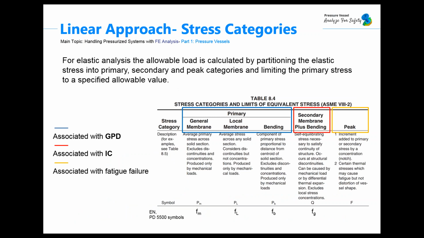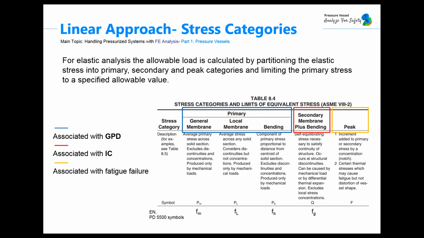When the linear elastic analysis is used, the allowable load is calculated indirectly by partitioning the elastic stress into primary, secondary, and peak categories, and limiting the primary stress to a specified allowable value. This is very important, the last part of the sentence, what I said: limiting the primary stress to a specified allowable value. And generally speaking, the design by analysis approach works in this way.